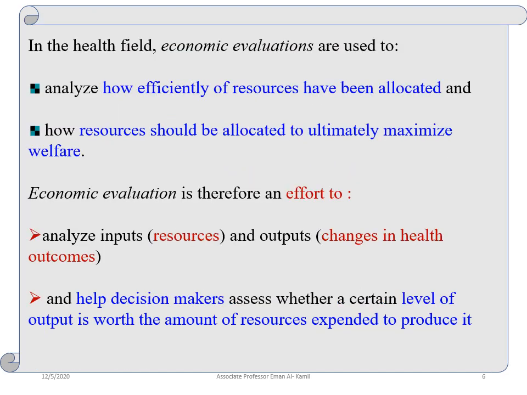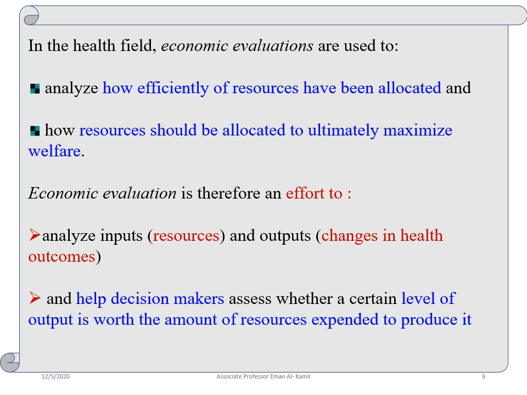In the health field, economic evaluation is used, for example, in medical practice. First, we are going to analyze how efficiently resources can be allocated. How can we allocate the resources?